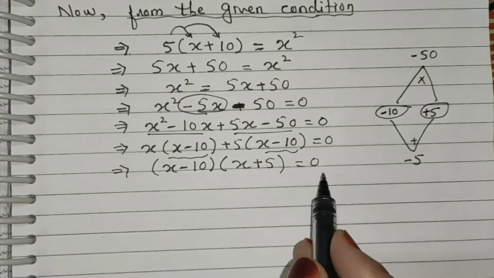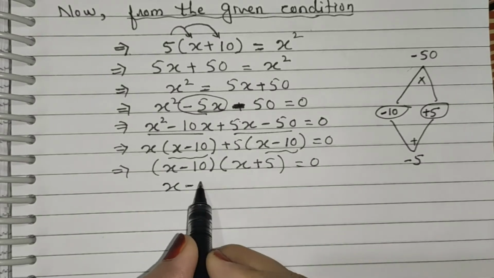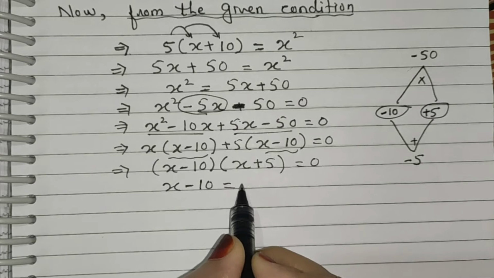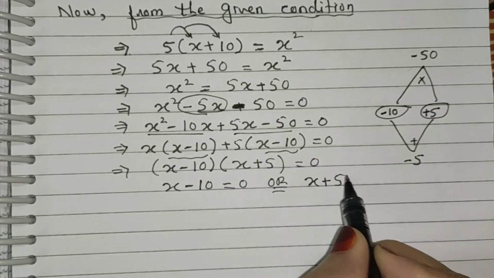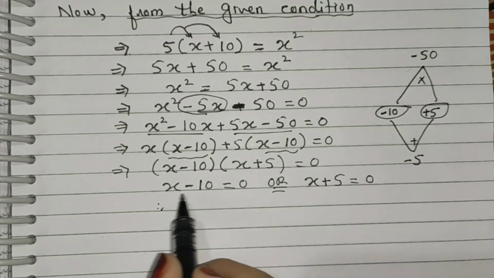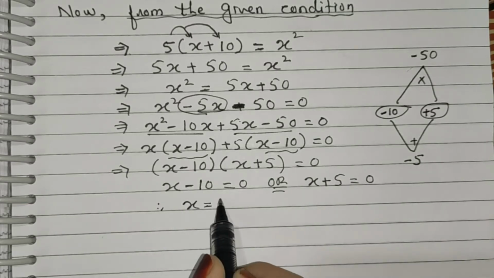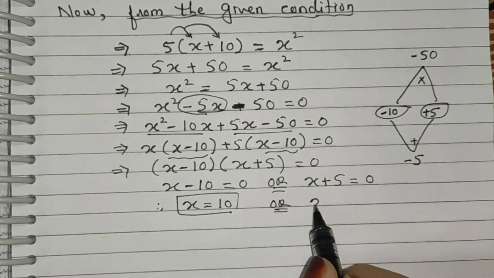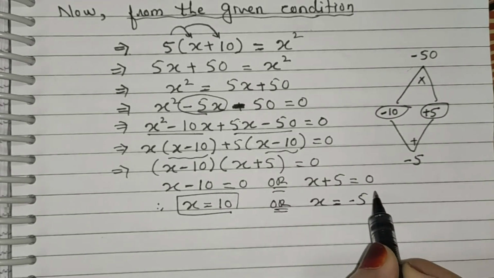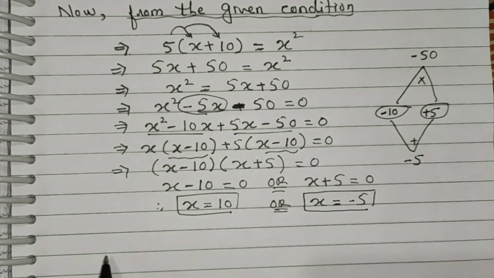Either the first bracket is 0 or the second one is 0, means we can write here x minus 10 is equal to 0, or the second one is x plus 5 is equal to 0. Therefore the value of x is equal to 10 here, and the second value of x is equal to minus 5.